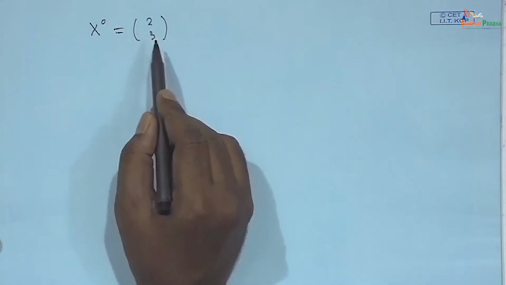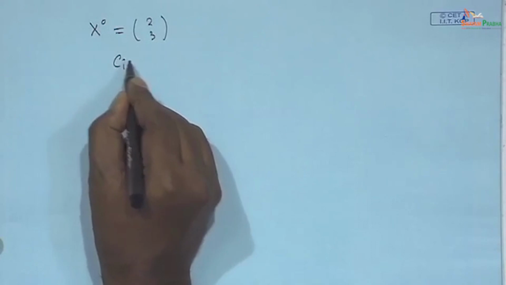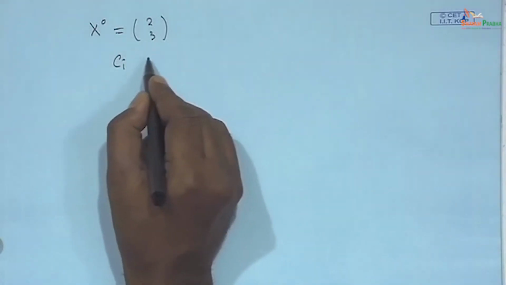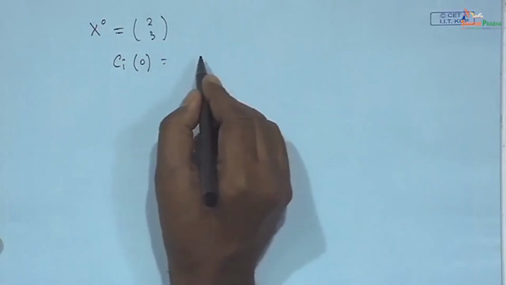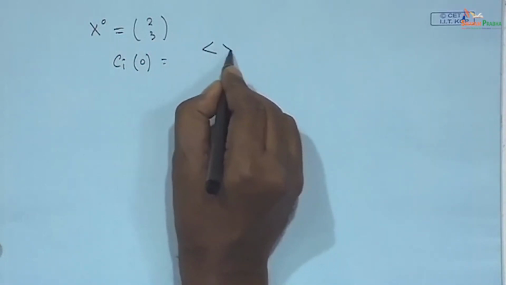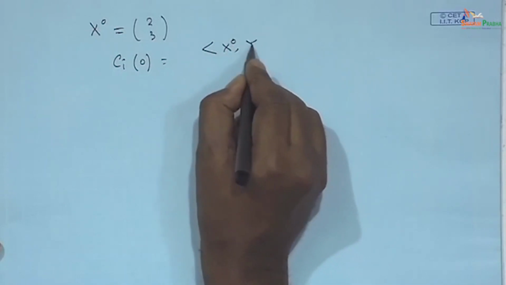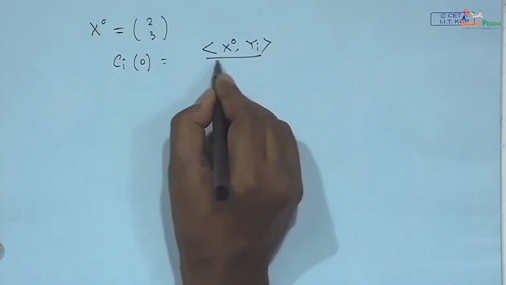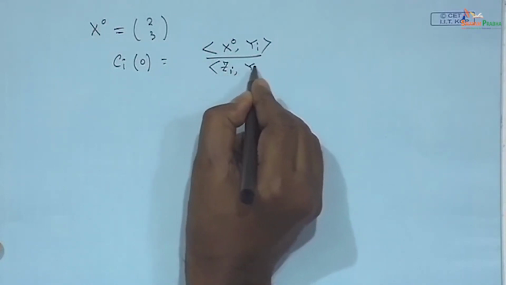These are the values of the variable, and we were looking into the solution. For the solution you are going to get the coefficients C i naught, and these coefficients are defined as the inner product of x naught and y i, divided by the inner product of z i and y i.